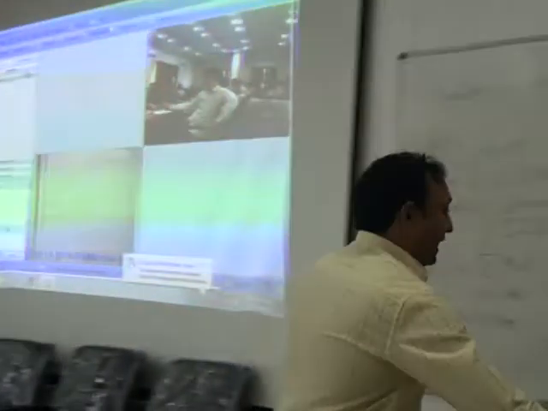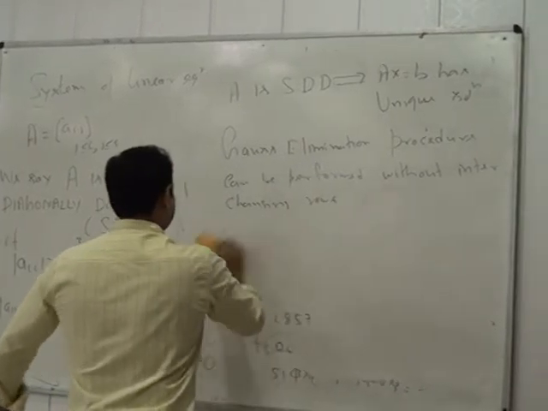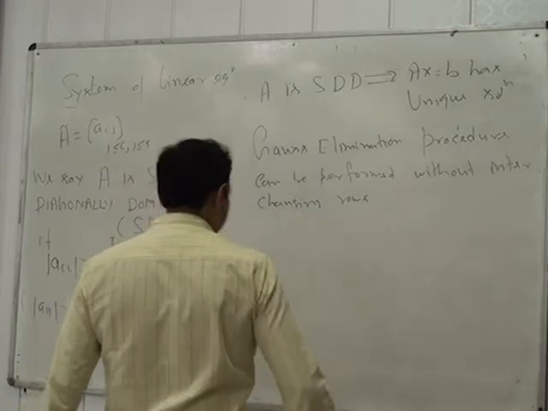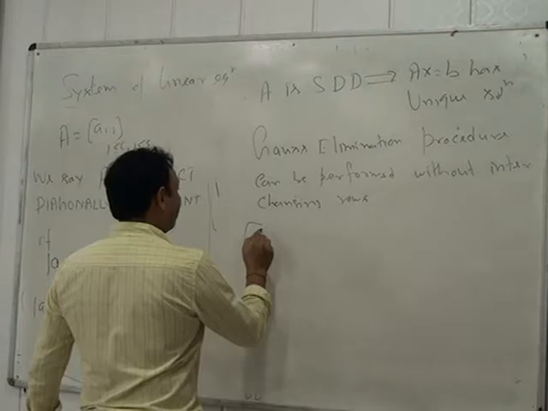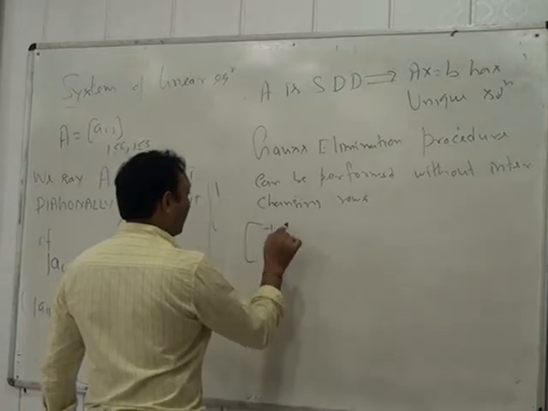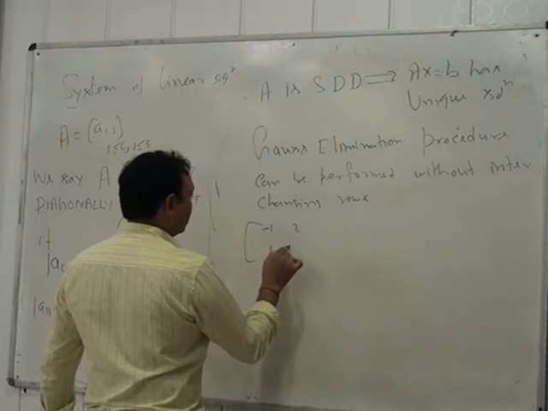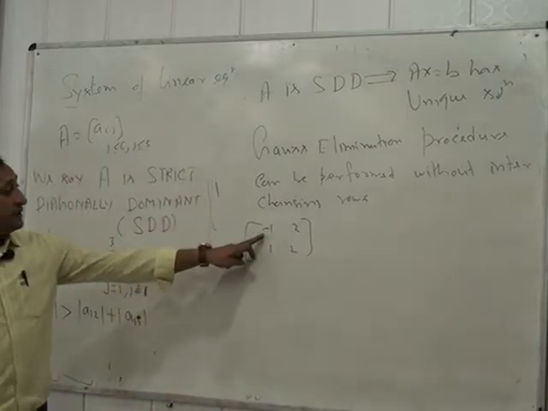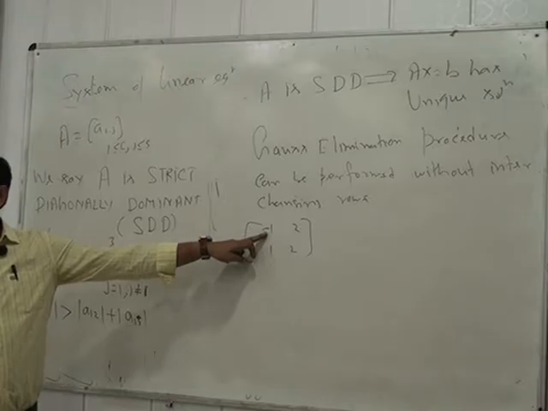So what are SDD matrices? For example, you can have many. Tell me one. Take the matrix with rows -1, 2, 1, and 2. Is it SDD?